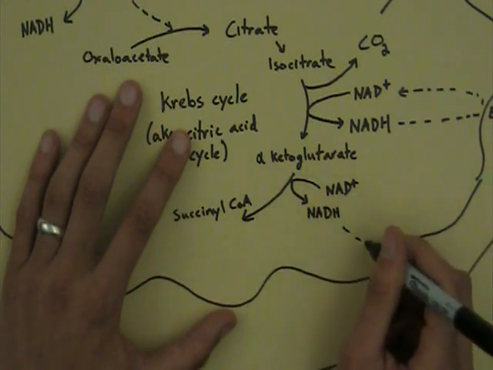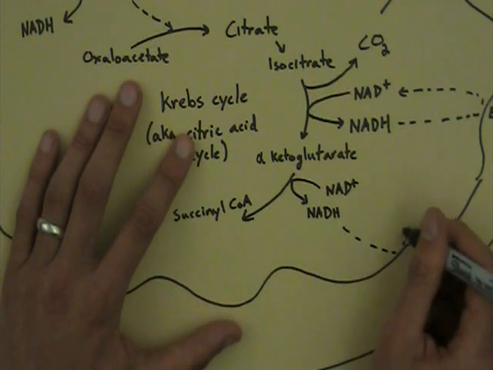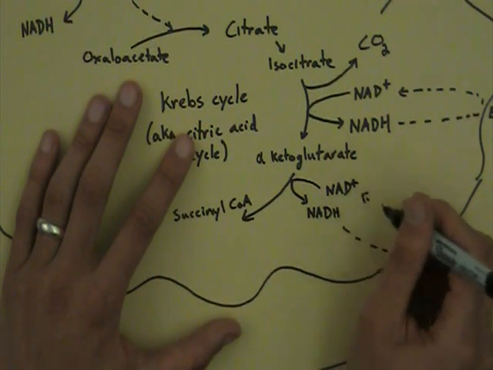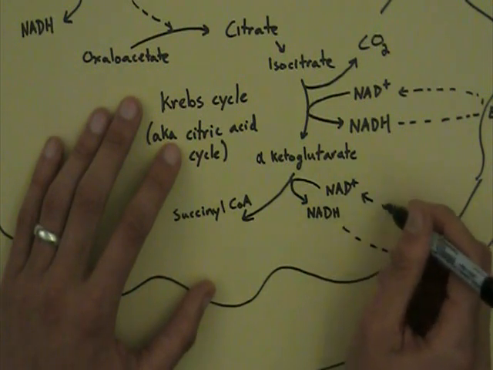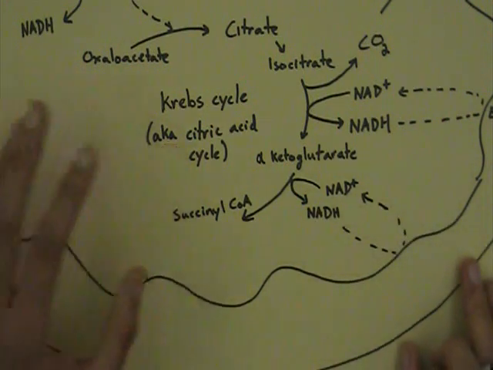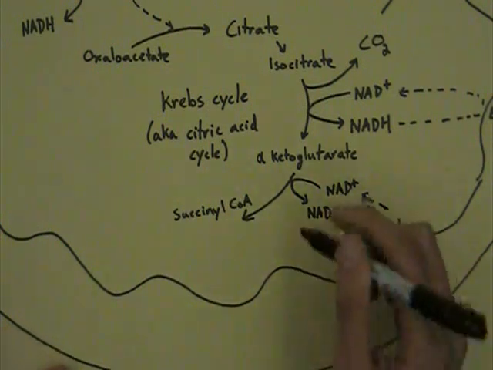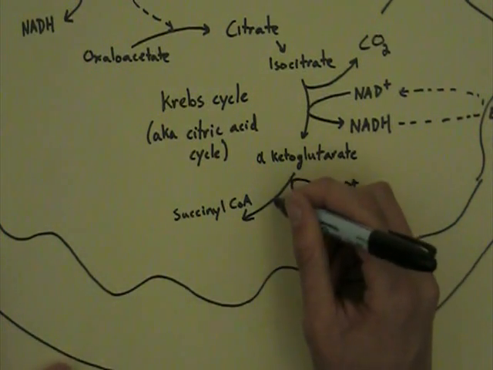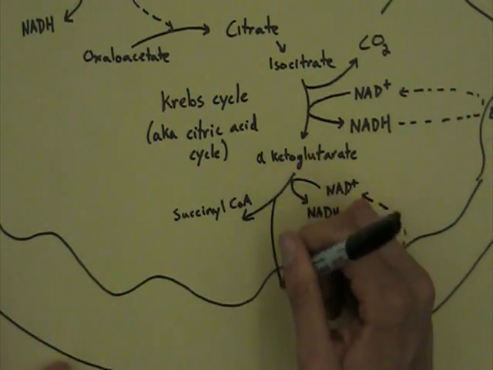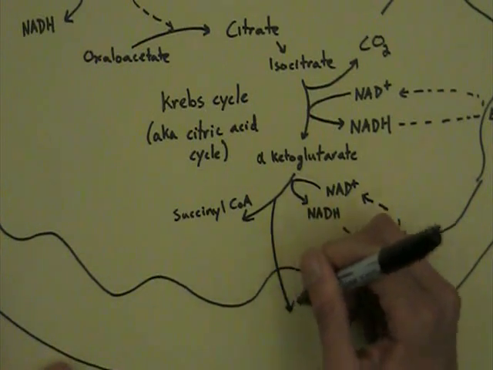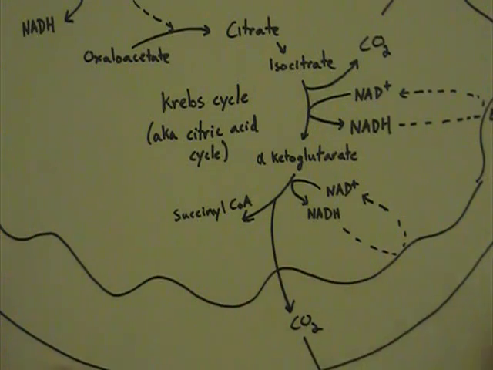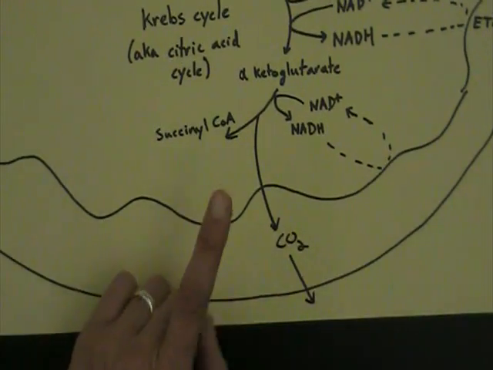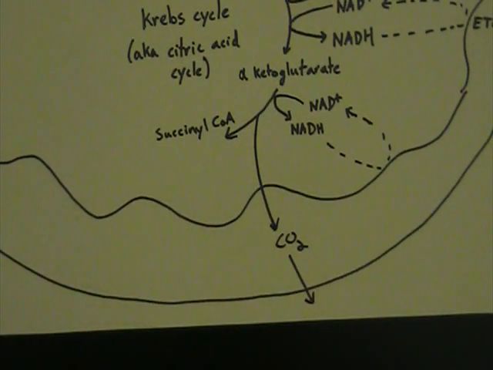And again, it goes to the electron transport chain in the membrane and is regenerated, like so. That's supposed to be an arrow, by the way. Okay. At this stage, carbon dioxide is also lost, another molecule. So if you're counting, we've lost 3 carbon dioxides for every 1 pyruvate molecule that we started with, effectively getting rid of those 3 carbons.